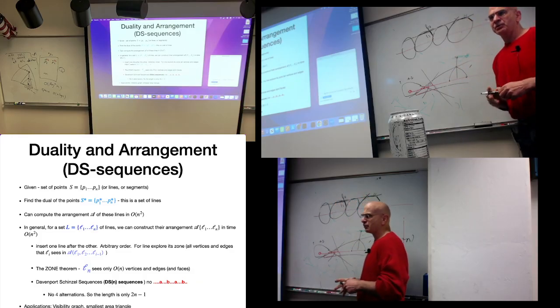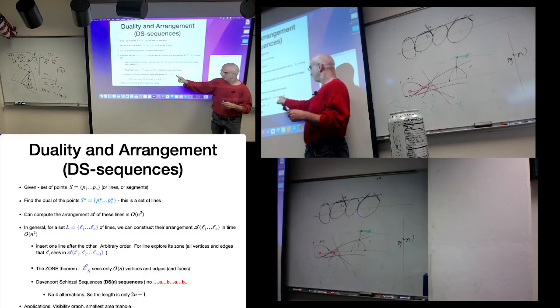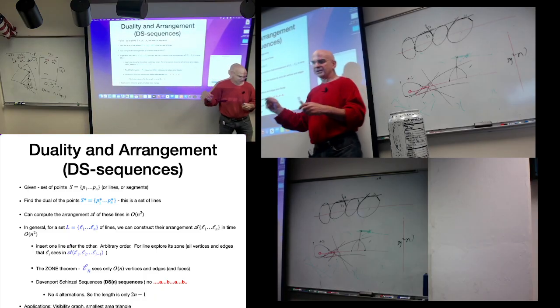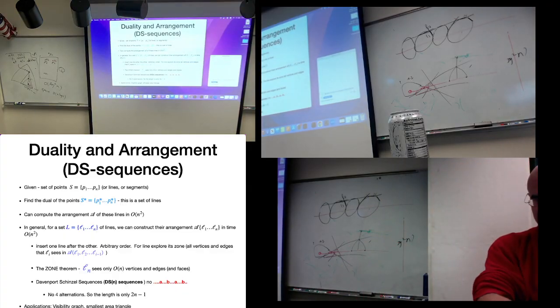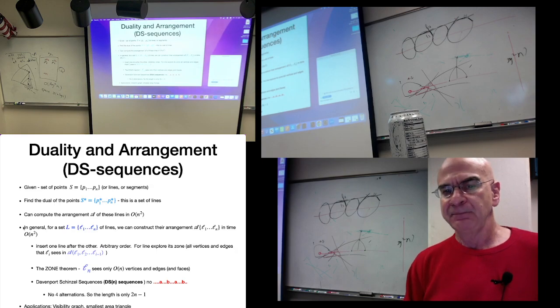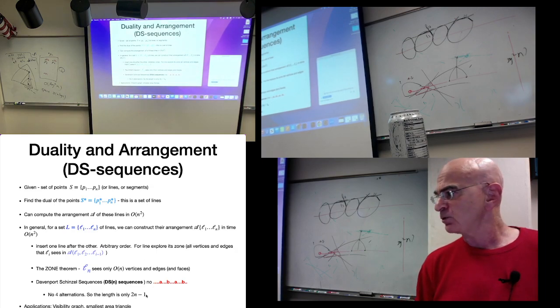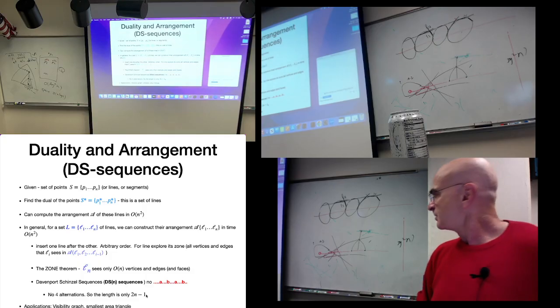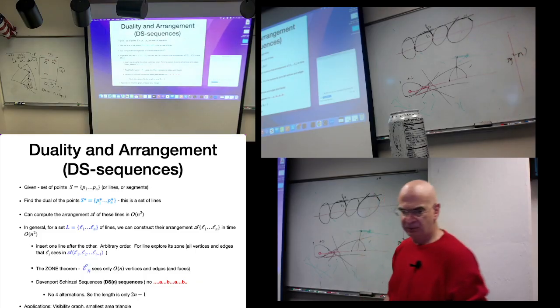That was a Davenport-Schinzel sequence, which means that you don't have A, B, A, B in this part, and we proved it. And in such a sequence, the number of times that a line can be written, summed up for all the lines, is only 2n minus 1. And that was for everything that happens above the red line, and we argue the same argument for everything below the red line.